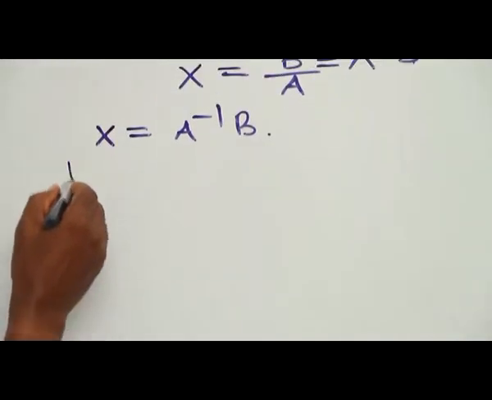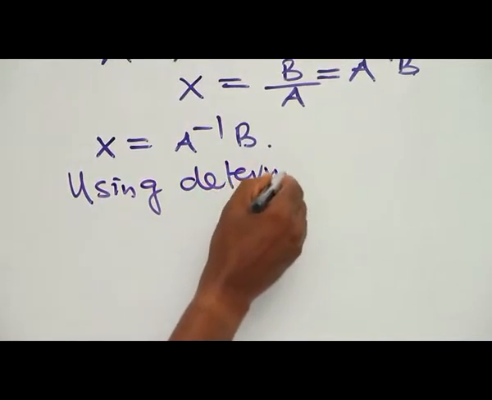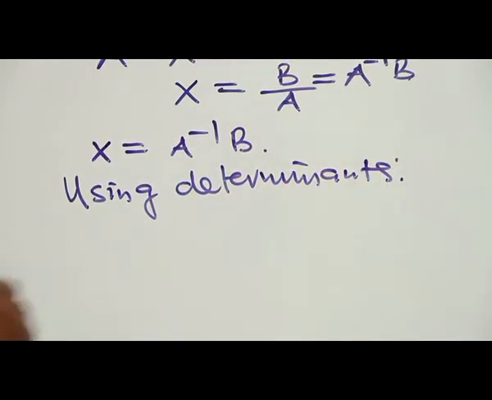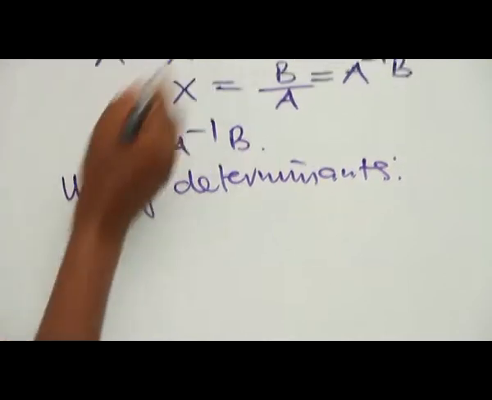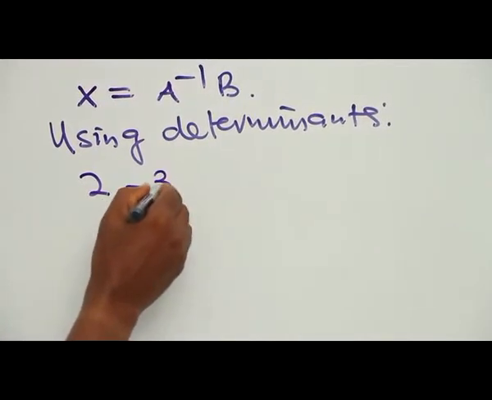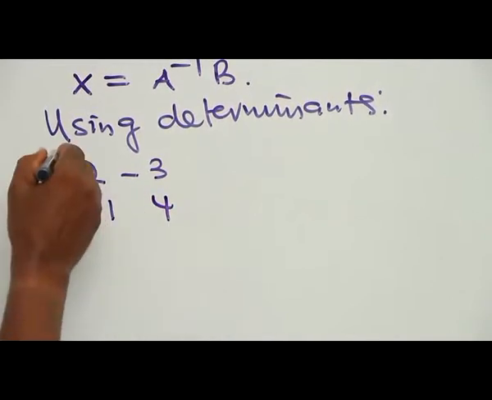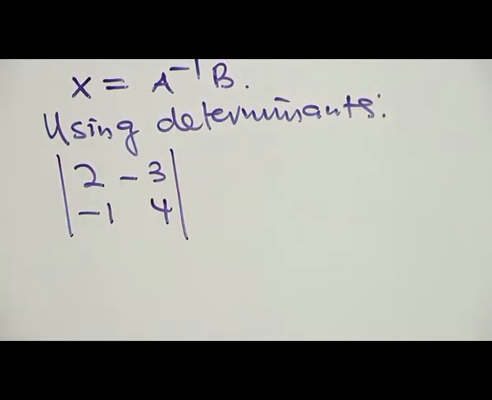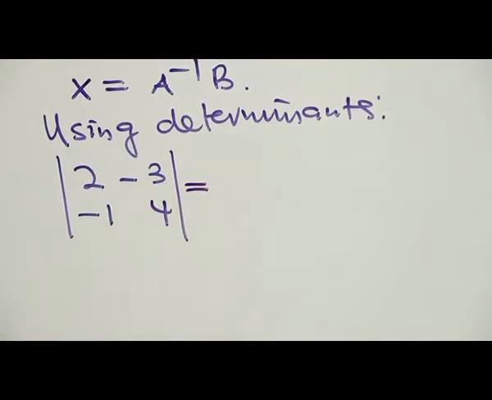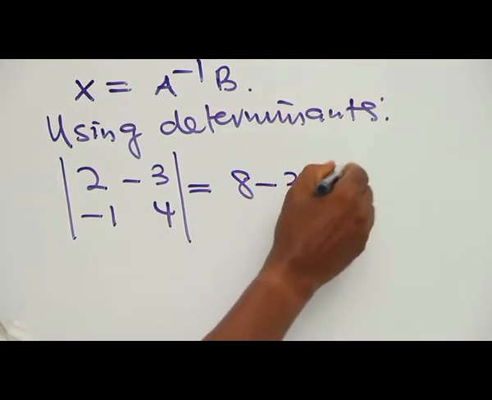Using determinants, we can write now that this equation becomes 2 minus 3, minus 1 and 4. And the determinant of this one will be equal to 8 minus 3, and that is 5.